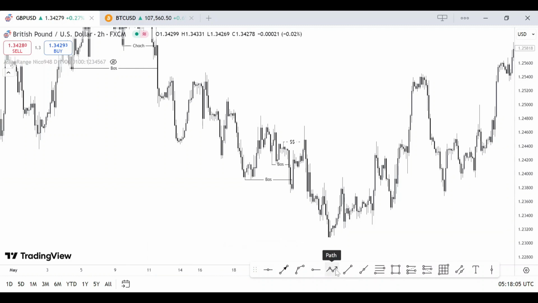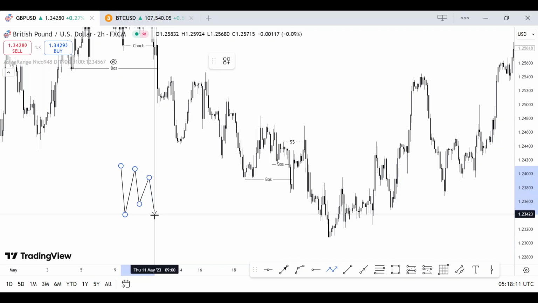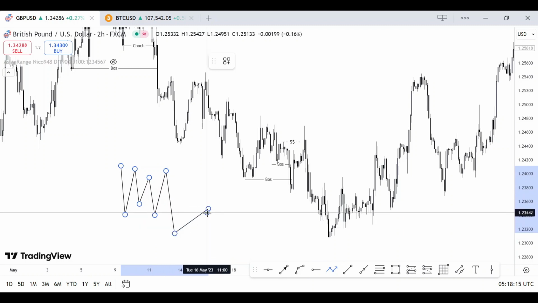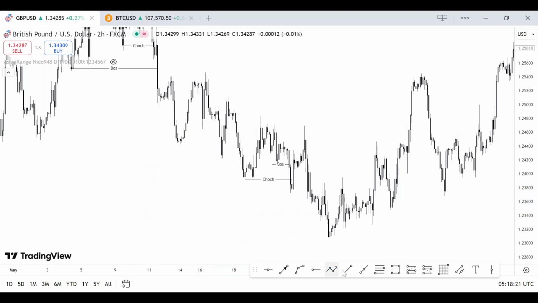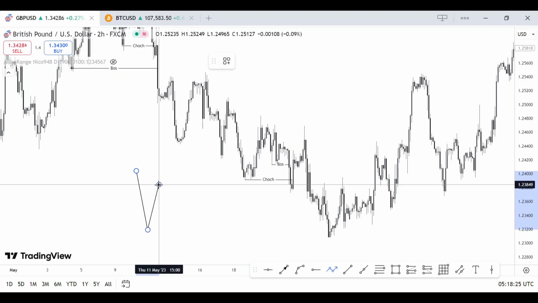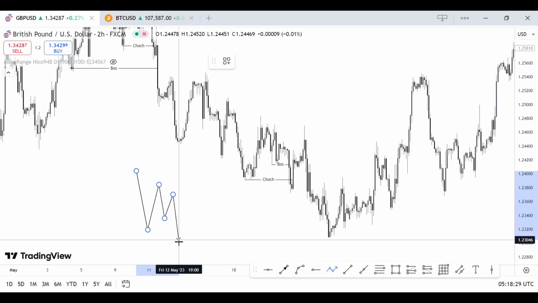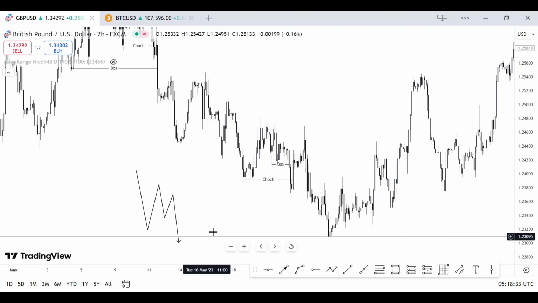Now price has given us something like this. Price gave us something like this. So what do we start looking for?